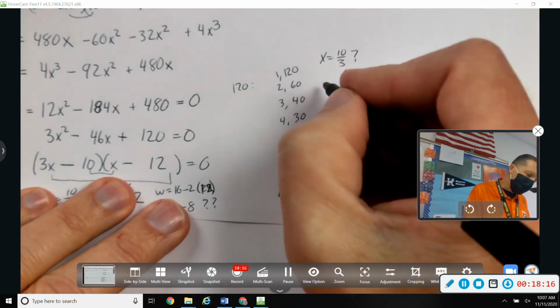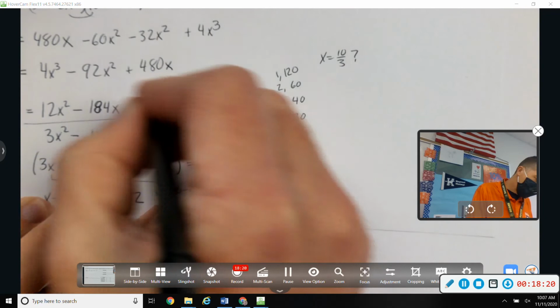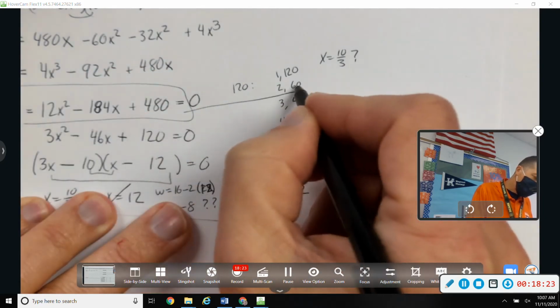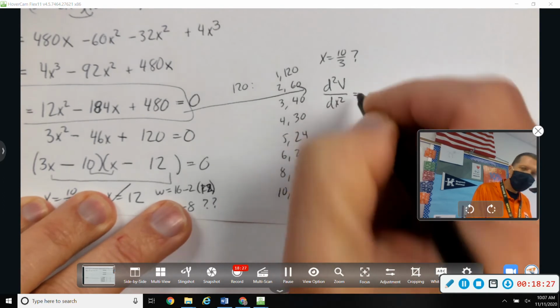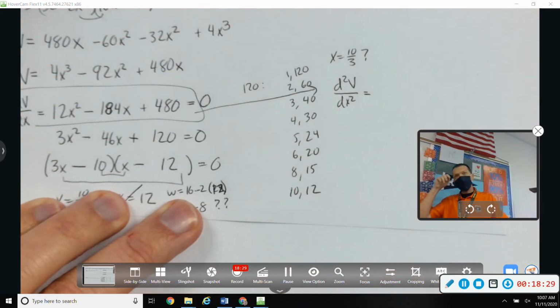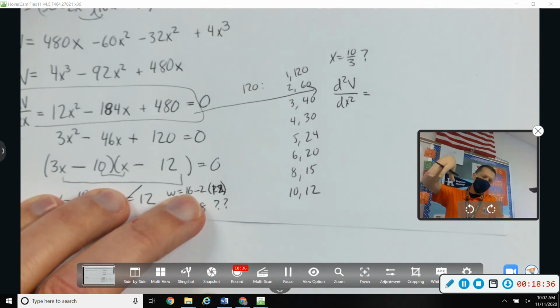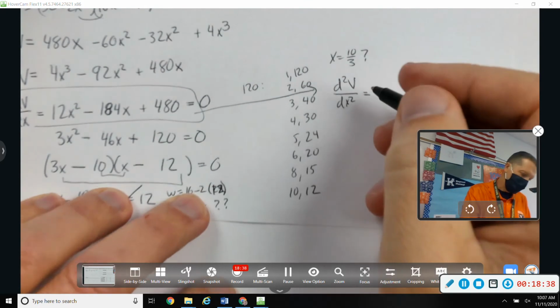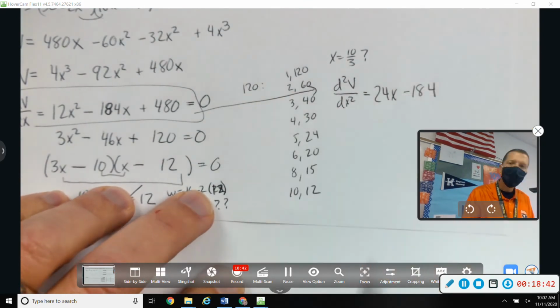So let's do a second derivative. Second derivative, again, just to check to see. If I want this to be a max, I'm hoping my second derivative will be negative, but we'll see. 24x minus 184.